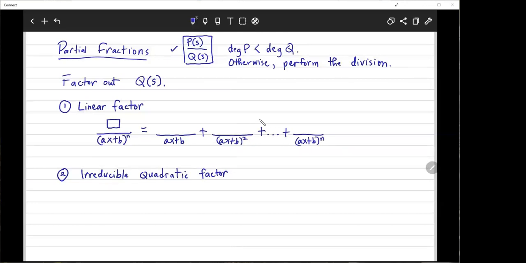Now for linear factors, our numerators are constants. So tawagin natin A1, A2, A sub n, or you can also have A, B, C, and so on. So kung ang exponent ng ating linear factor ay n, then we have n fractions for that particular factor. If we have other factors other than (ax plus b), which are also linear, then they will also have their own fractions.